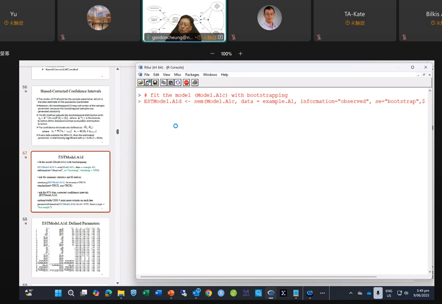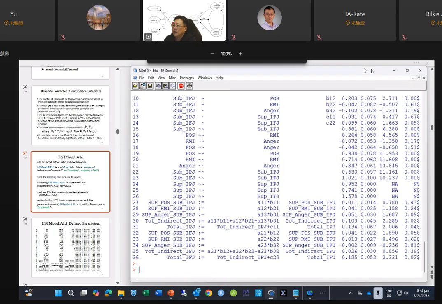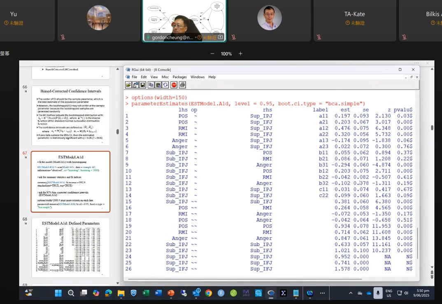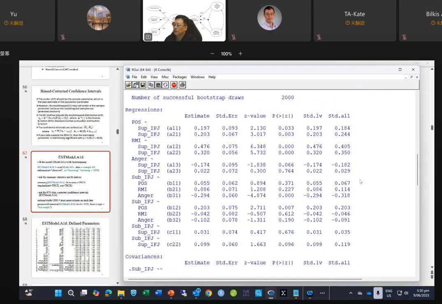Oh, I know the reason why my computer is not fast. I've not used my computer. Okay, I got the results. Have you got the results? Yes. Good. Well, you have a fast computer too.